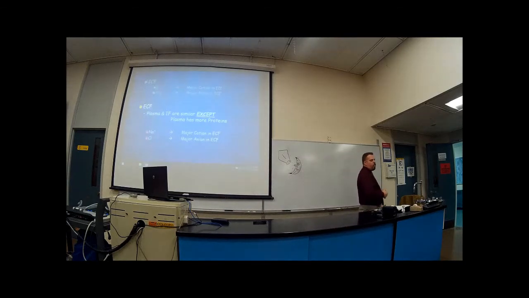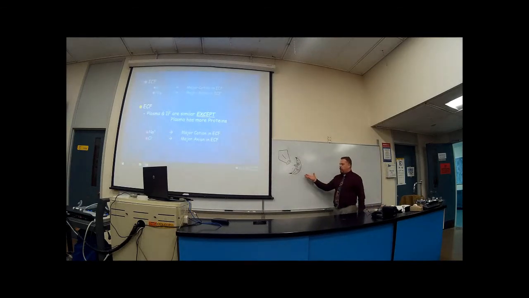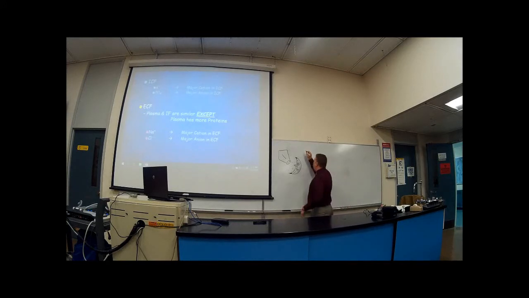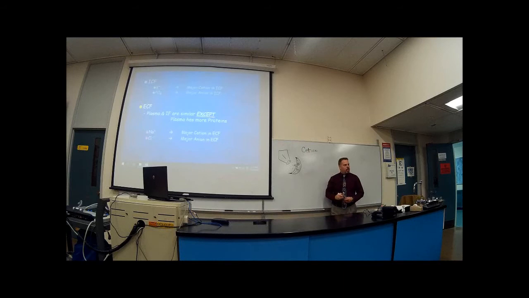Our salty banana. The banana represents the cell. And inside a banana, it's loaded with what? What did you learn in kindergarten? It's loaded with potassium. All right? So we have a major cation. When I think of cation, just think of a cation has a positive charge. And the anion is a negative charge.